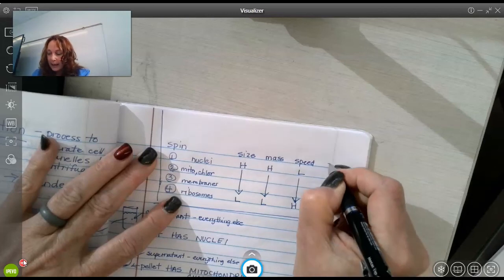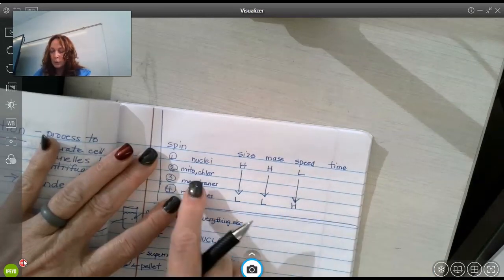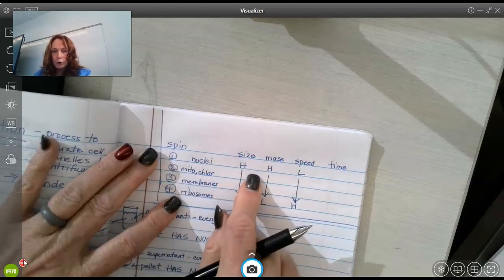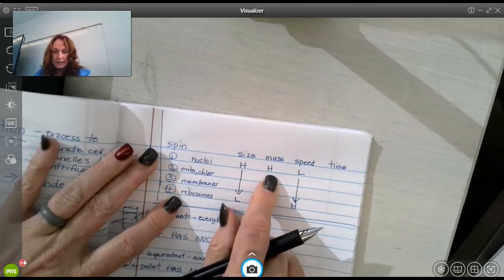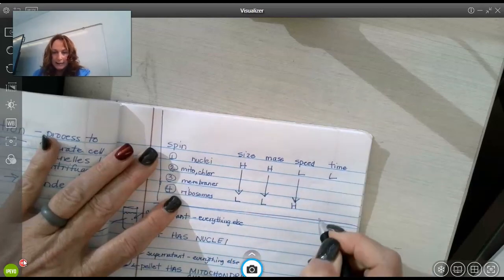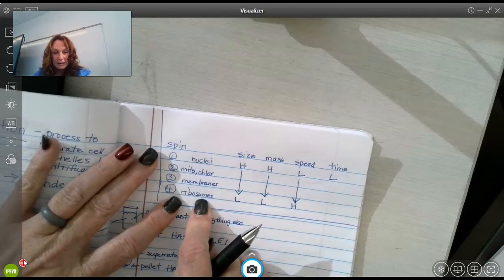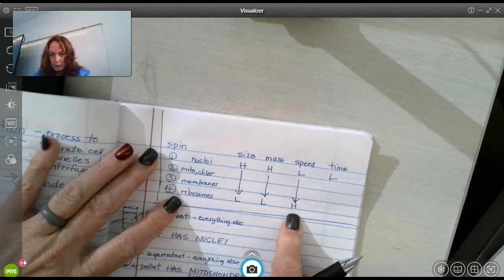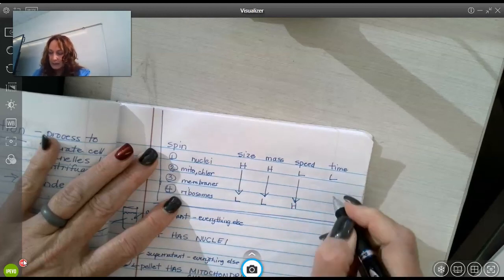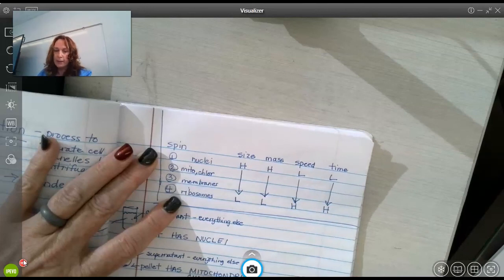And your time also is inversely proportional. When you're doing nuclei, they're huge. Their mass is huge, their size is huge. You don't have to use much speed or time, so your time amount's low. If you want something tiny, like ribosomes, you're going to spin hard, which would be high speeds, for a long period of time.